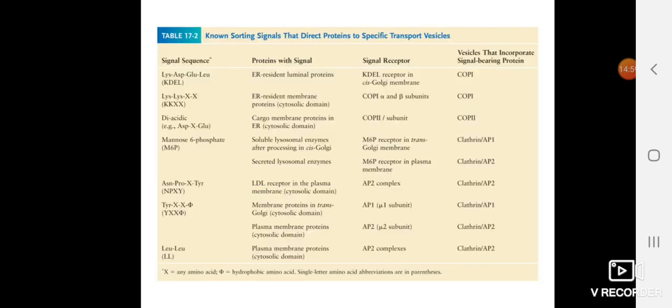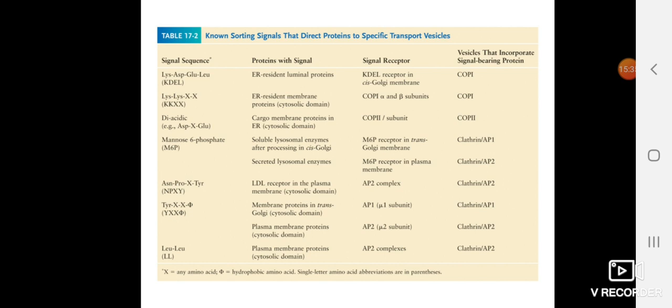So you can see there are a number of sequences of amino acids which are going to be present on the polypeptide chain, which specify their target, and which is going to be read by the adapter protein molecule or even by the receptors, and thereby they are going to involve the formation of vesicles either through COP1 or with the COP2, or even with the clathrin AP2 or AP1 complexes.